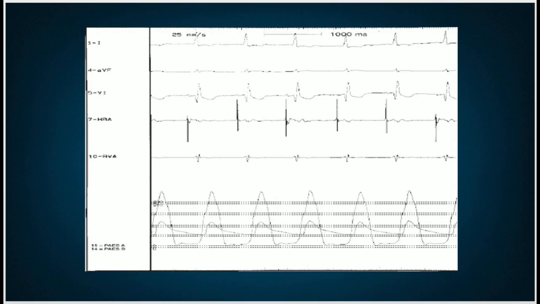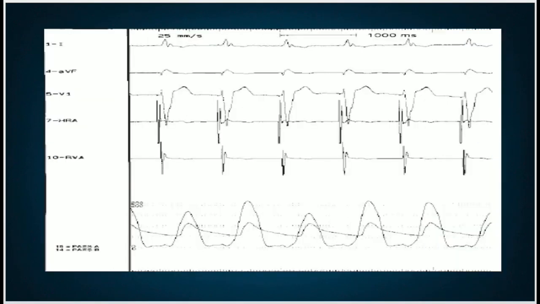In this pressure tracing, you can see there is a presence of a nearly 150 millimeter mercury pressure gradient at baseline during sinus rhythm in a patient with hypertrophic obstructive cardiomyopathy.